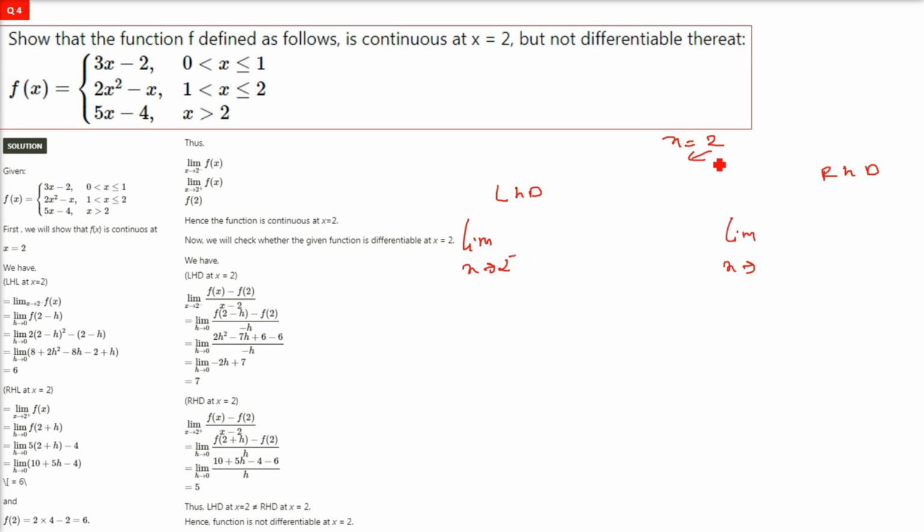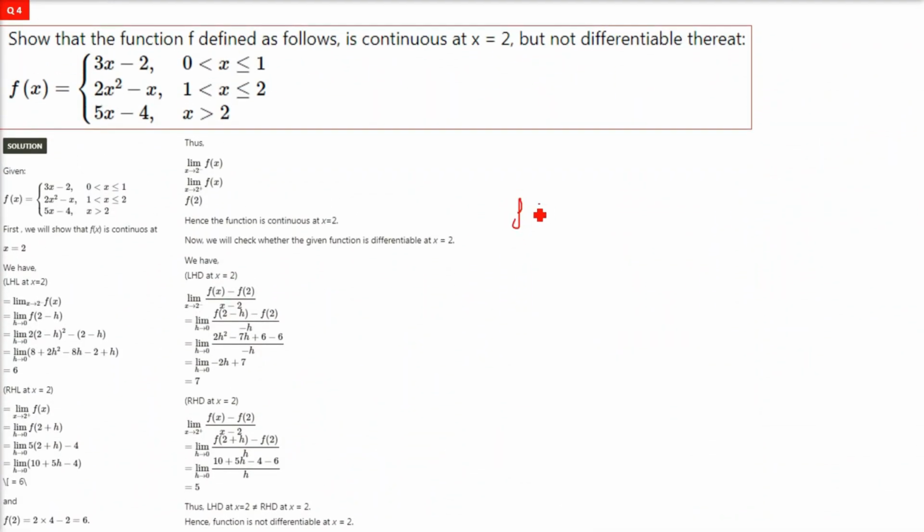Limit x tends to 2 plus, just to show that we are going a bit forward. So f(x) minus f(2) divided by x minus 2. This is going to be left hand derivative. And right hand derivative is f(x) minus f(2) divided by x minus 2. So I'm doing the left hand derivative first, and then we'll go to the right hand derivative.